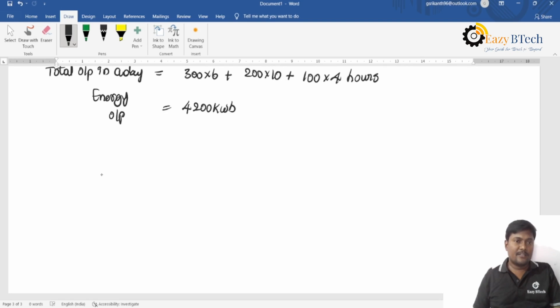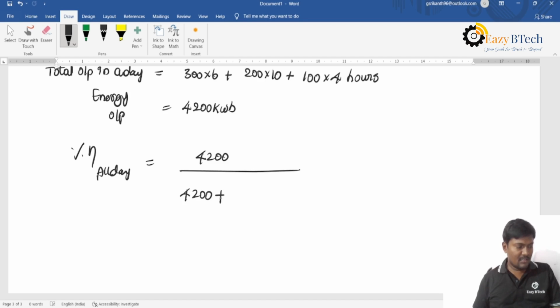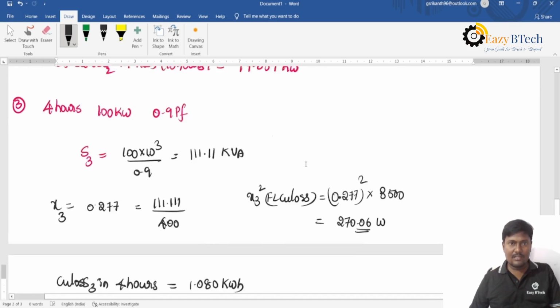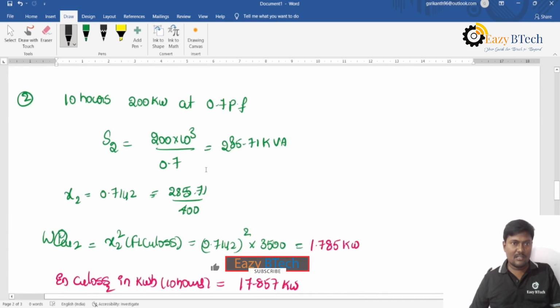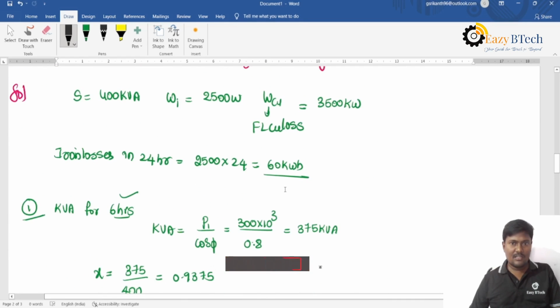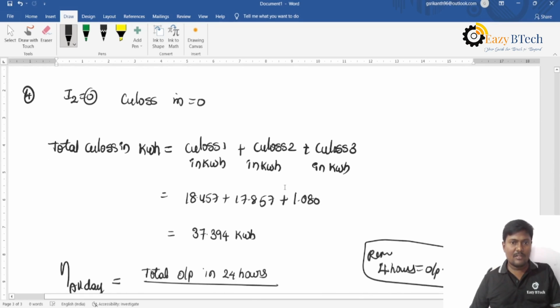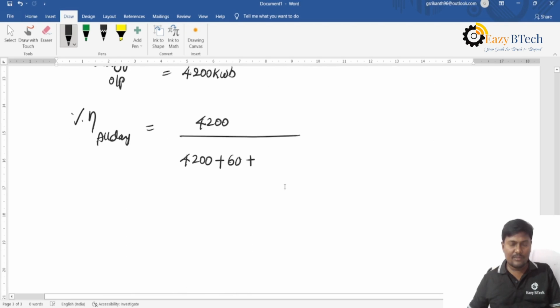and substitute here in the all day efficiency: 4200 divided by 4200 plus 60, where 60 is the iron losses in 24 hours, plus the overall copper losses, which we got as 37.394.